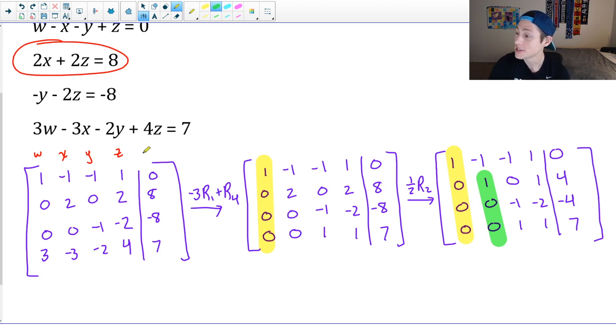Now this was easier for me because there were already this 0 and this 0 here. We didn't have to do anything to get that. It just kind of happened. Usually we might have to do something to make that happen, but for right now we're okay. So now let's move to the next spot. So now I want this to be just a 1 and then zeros below it.